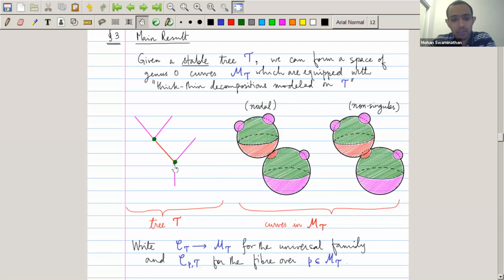Namely, for every vertex, I will have a region which looks like a disk minus a few other disks. Look at the green regions in this picture. They all look like a disk with a disjoint union of 2 or more disks removed from it. Every pink region, which corresponds to a terminal edge, is like capping off each of these removed disks by other disks.